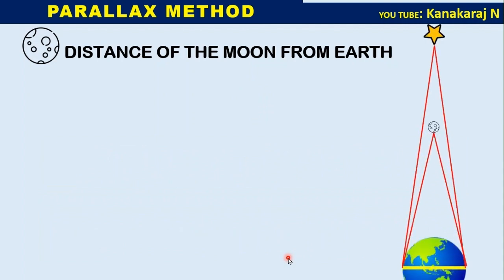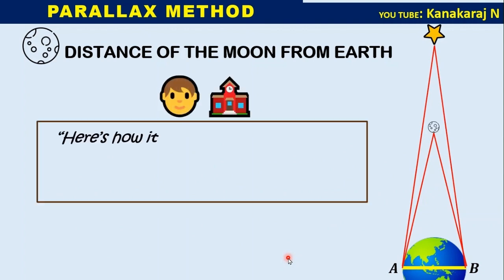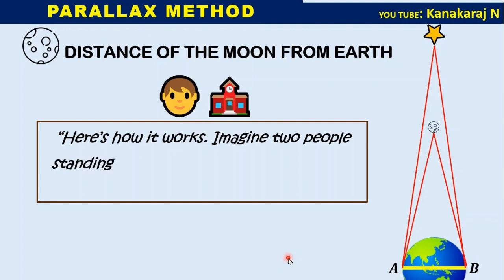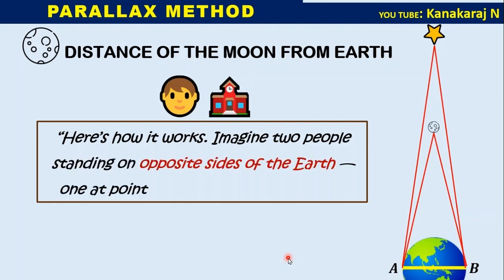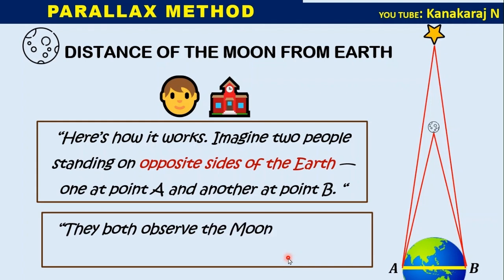Look at the picture. Here's how it works. Imagine two people standing on opposite side of the earth, one at point A and another at point B. They both observe the moon at the same time using telescope.